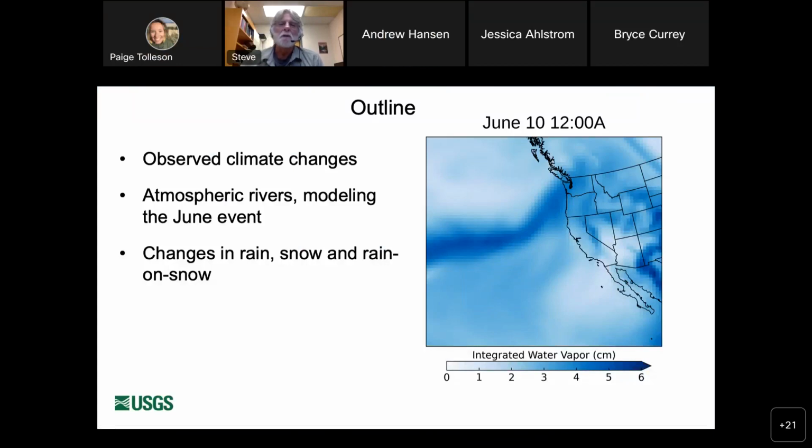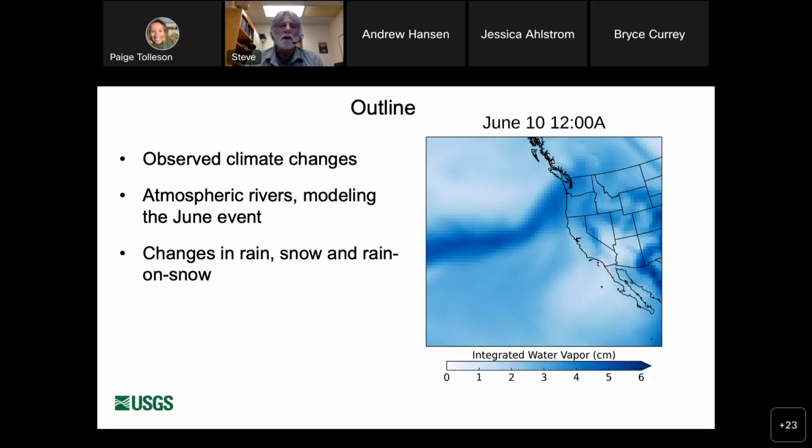What I'm going to talk about today is, since it's rough cut, I put some things together that are related and of some interest, I think, both in the recent past and maybe looking toward the future. I'm going to talk a little bit about observed climate changes, and then I've been doing some research on Holocene atmospheric rivers using our regional climate model.